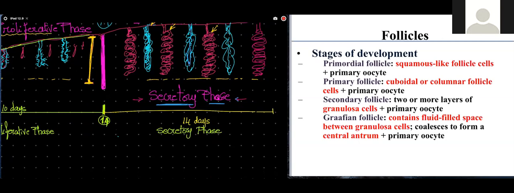So some females will have their cycle for 28 days. Some of them will have it for 30 days. Some of them will have it for 27. Some of them, for example, will have their cycle for 32 days, 33 days, and so on.